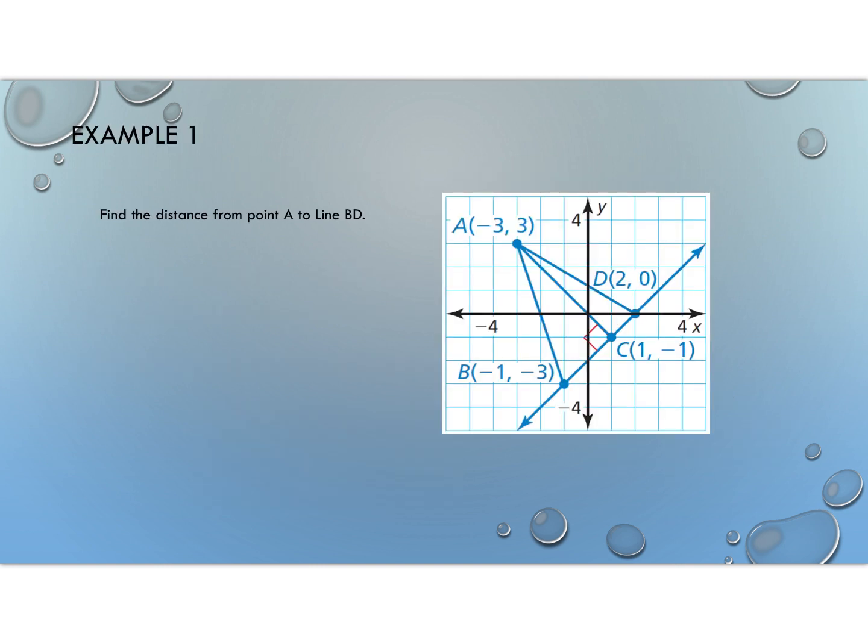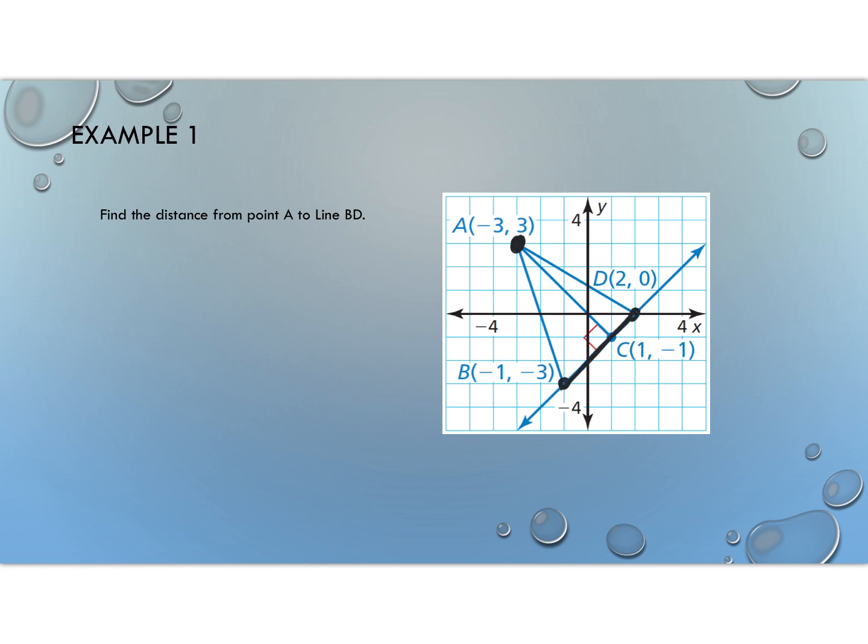So when we ask you to find the distance from point A to line BD, we know that we're going to have to use a line that is perpendicular to line BD. So if I come to the drawing, the distance from A to line BD, let me figure out what that is. So here's point A, and here is line segment BD, okay?